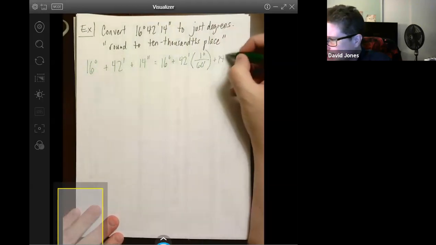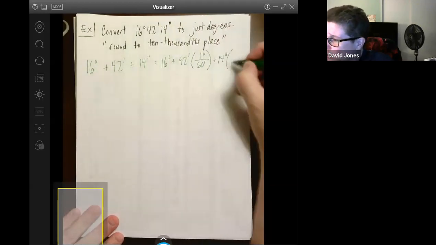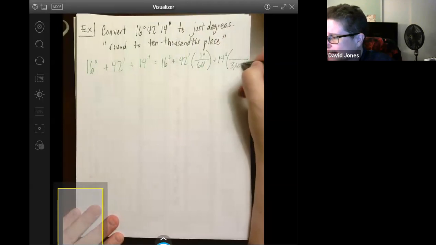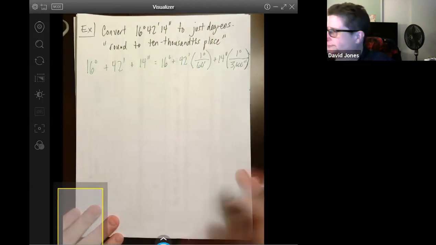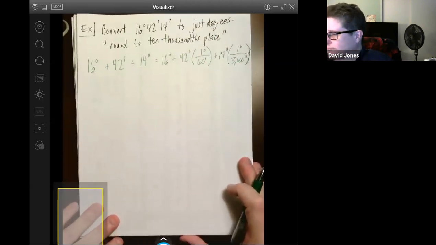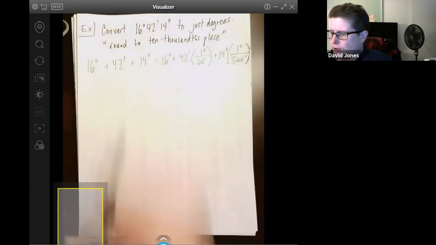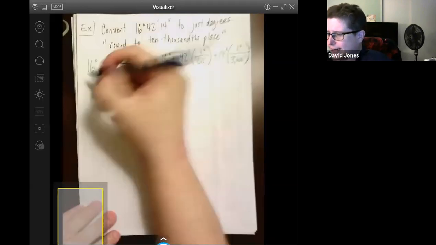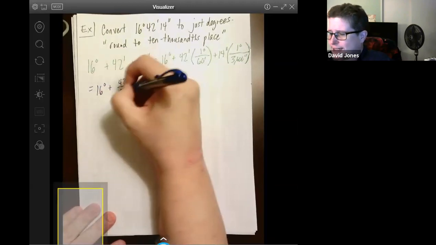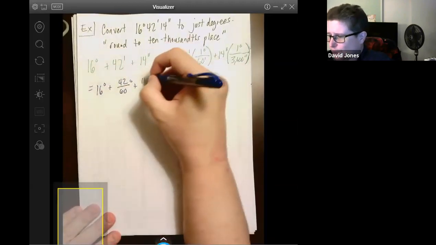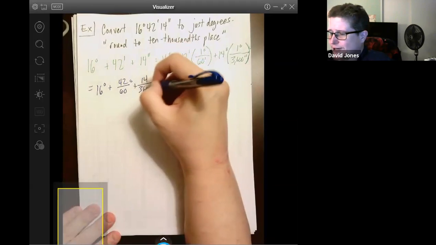And seconds, 3,600 seconds equaled 1 degree. So we put that together. We have 16 degrees plus 42 over 60 degrees plus 14 over 3,600 degrees.